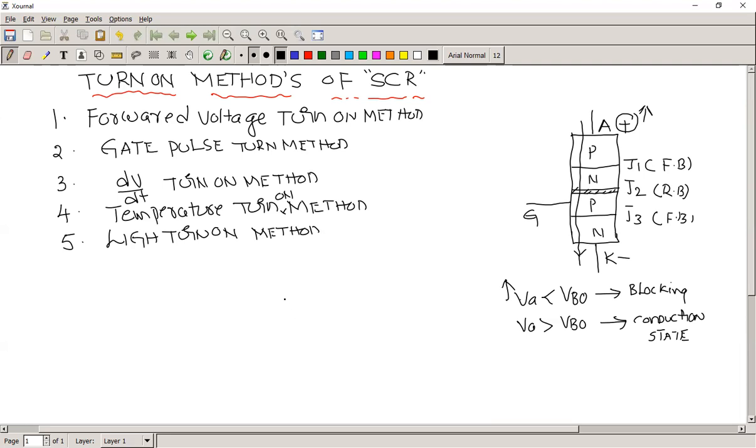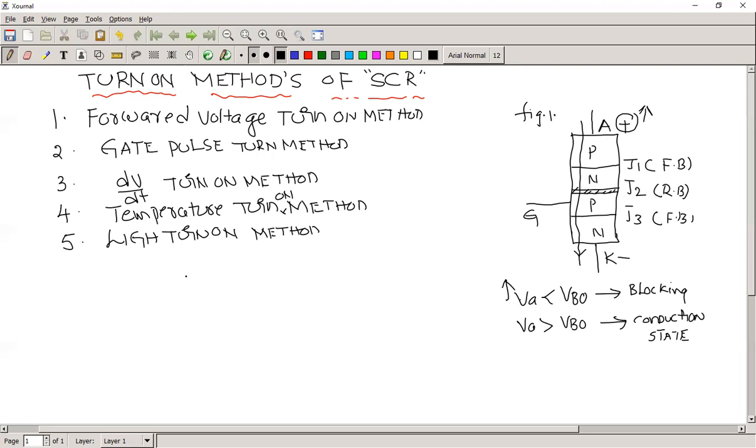Now come to the second method, gate pulse turn on method. In the gate pulse turn on method, again we are taking the SCR structure here. Figure 1 is related to the first method.